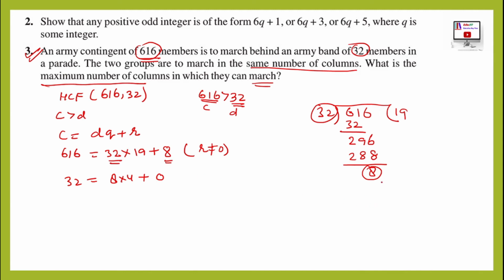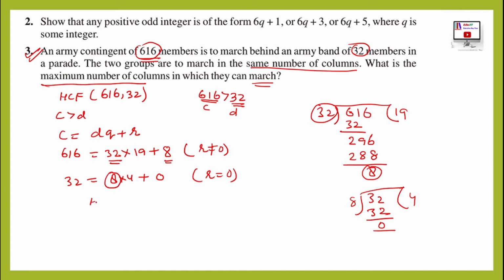Now this 32 divided by 8, 8 4s are 32, so the remainder is 0. So 32 is equal to 8 into 4 plus 0. At this stage the remainder is equal to 0. So now the remainder is equal to 0, this D, which means 8, will be the required HCF.